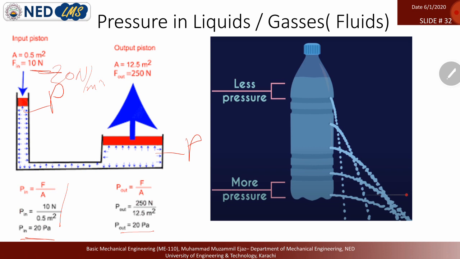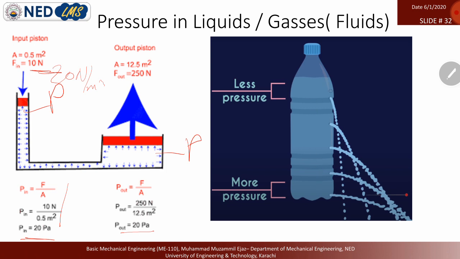Another example you can see from a bottle, pressure in the liquid especially. In this example, I'm telling you the pressure exerts in all directions equally, but in this direction the pressure is not the same.